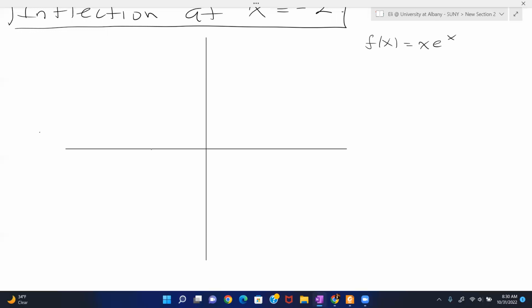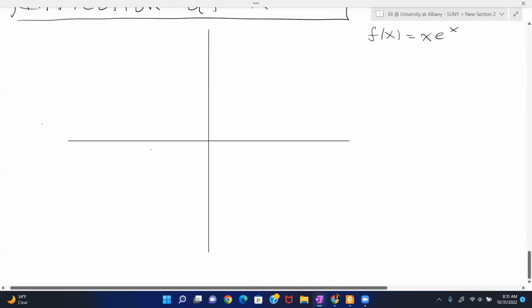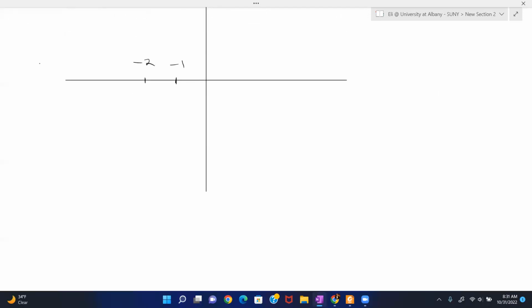We have a minimum at -1, and we have an inflection point at -2. So -1, -2, and then as I said, a minimum at -1.